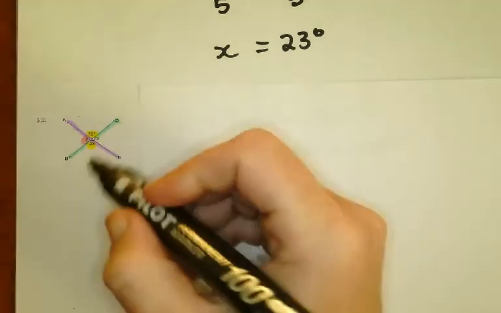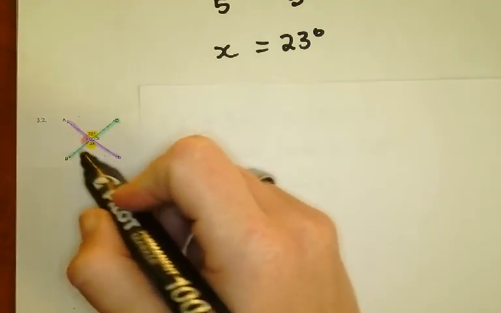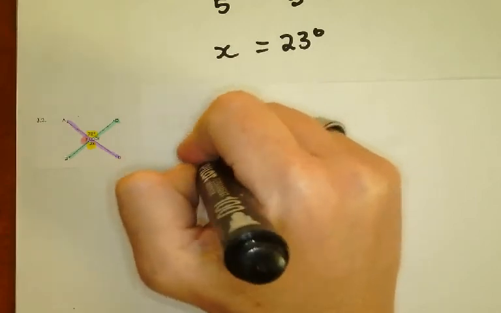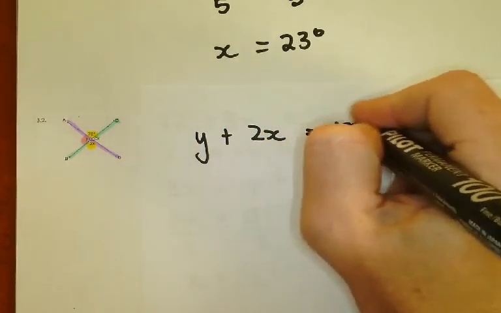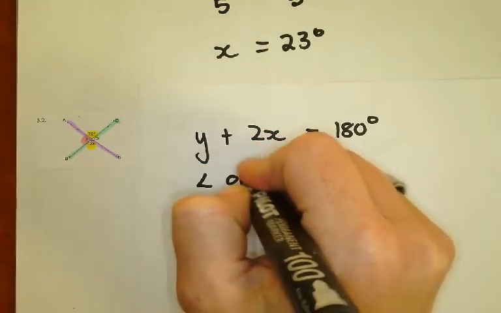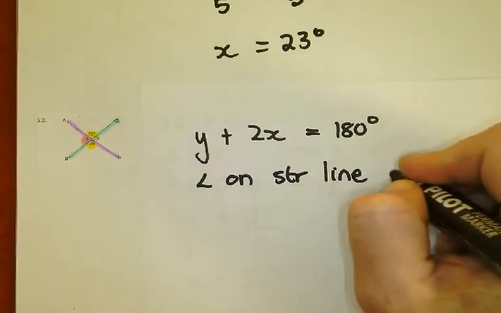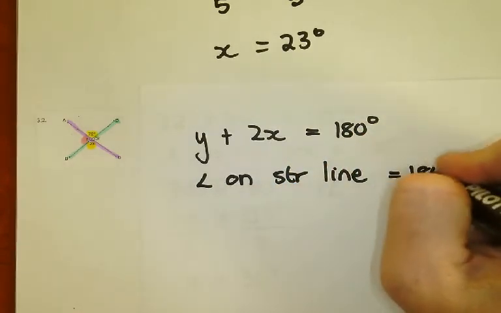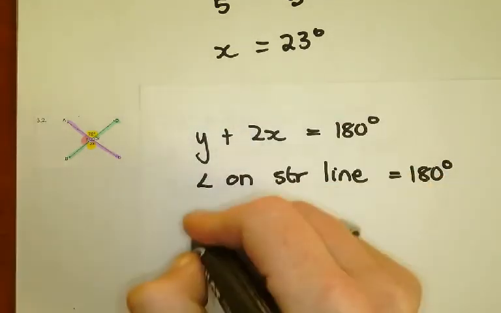Okay, so we've gone vertically opposite. We've looked at that straight line. Here's the other straight line. So y plus 2x equals 180. Why? Because angles on a straight line equal to 180 degrees. Cool. So now there's a little bit of maths involved here.